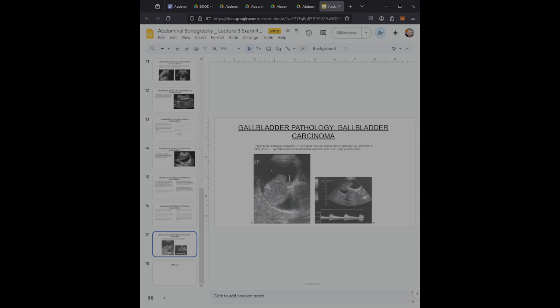Gallbladder carcinoma. Although this is the most common cancer of the biliary tract, a gallbladder carcinoma is rare, and it is thought to be caused by chronic irritation of the gallbladder wall by gallstones.